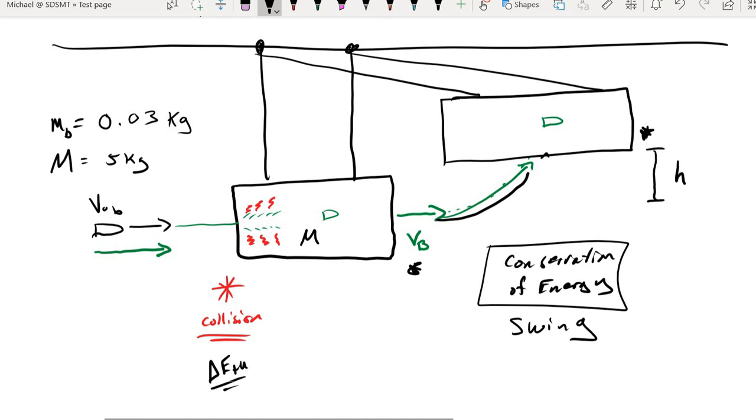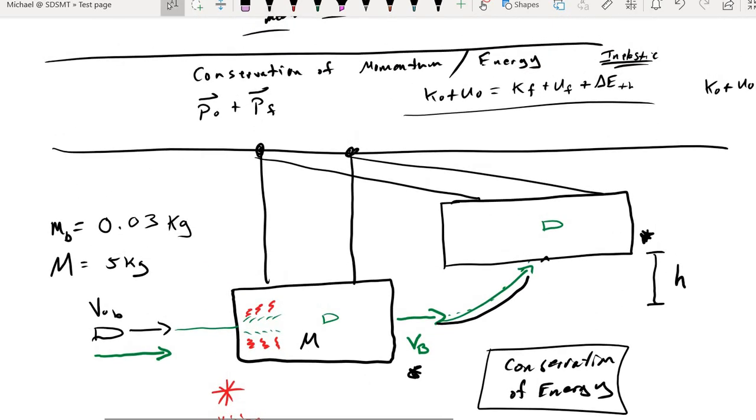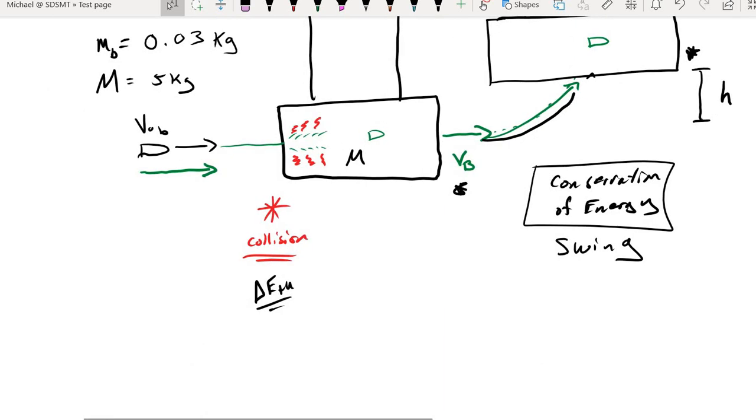And I don't really know how I would figure out the work that's done by the bullet in producing that heat. So in this case, the conservation of energy may not be my best approach.